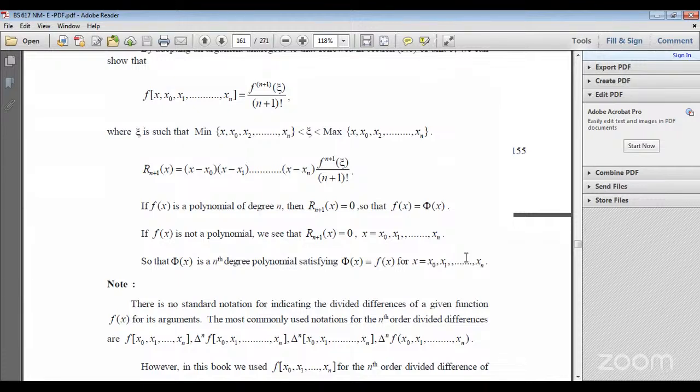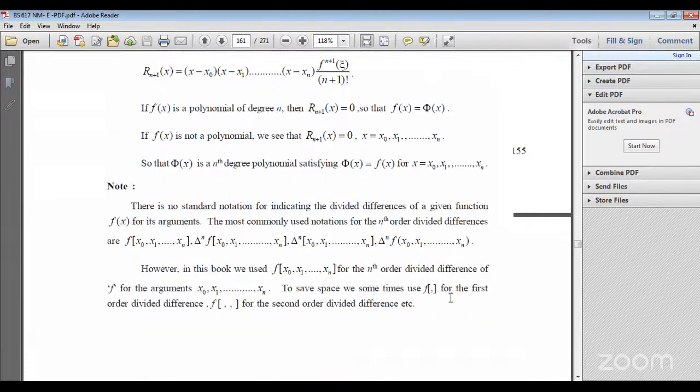So phi of x is an nth degree polynomial, and f of x is given for x0, x1, x2, and so on, xn.